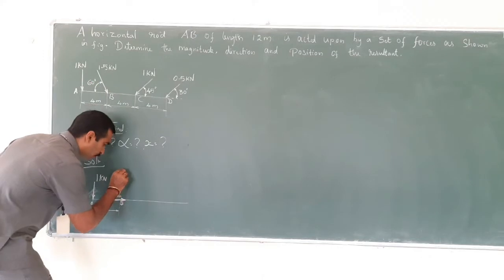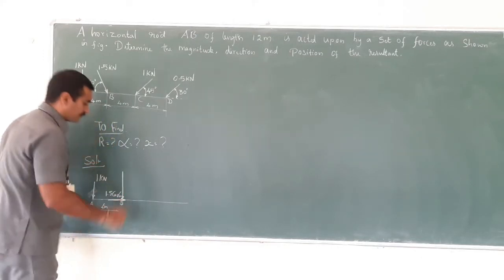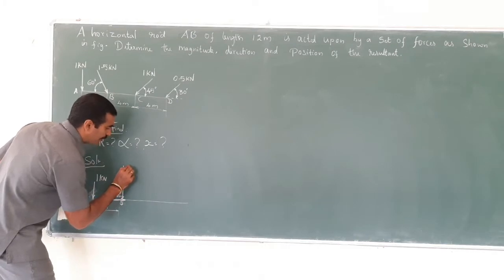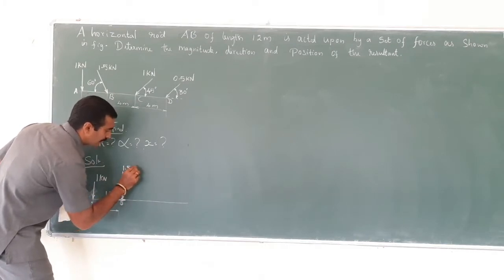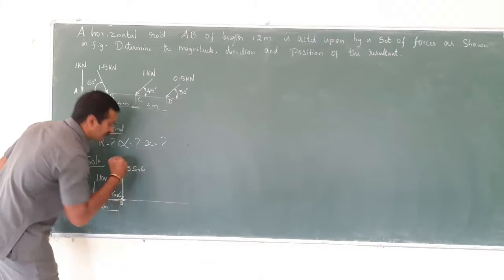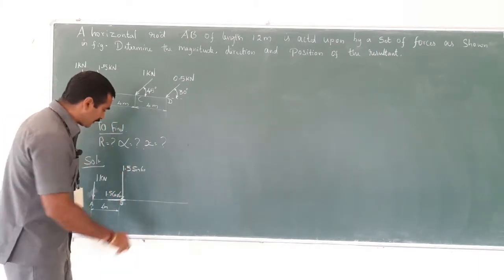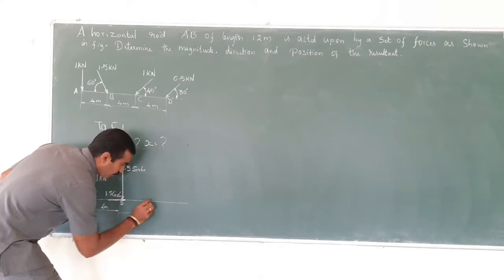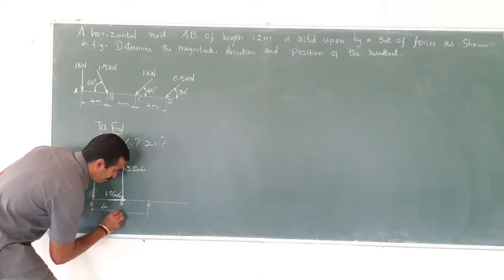And the vertical force which is acting in this direction vertically downwards and has the magnitude of 1.5 sine 60. Right.